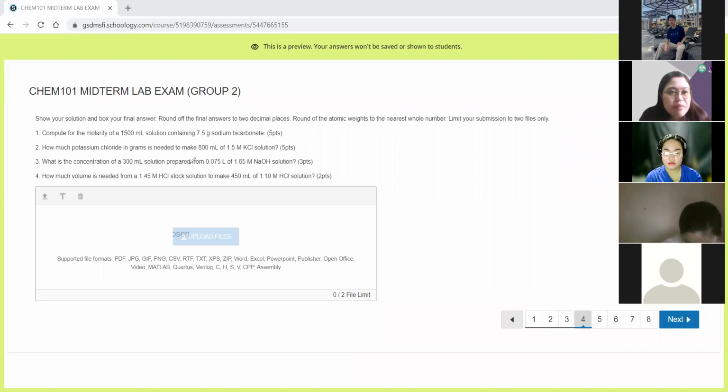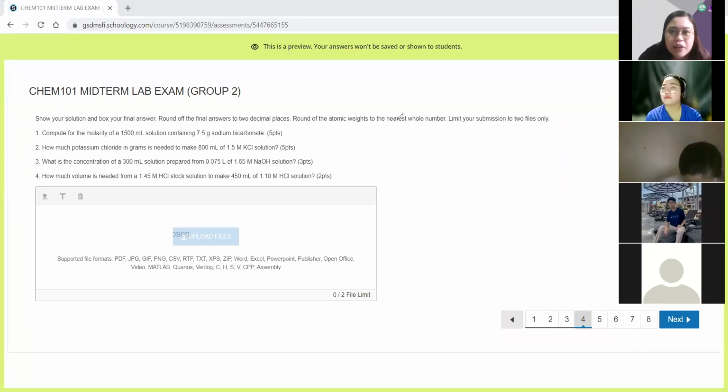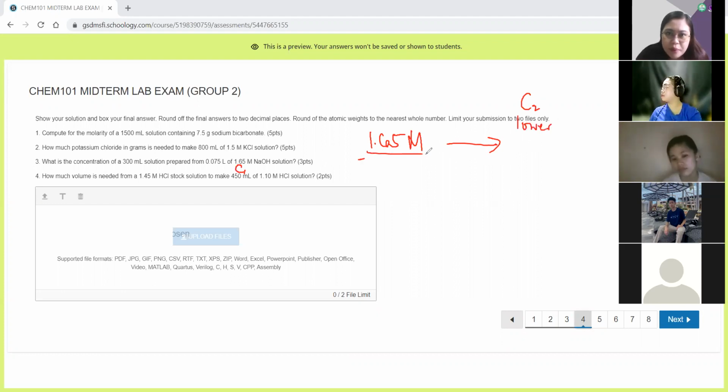Okay? Because remember, take note, I told you, it is discussed in the lecture. In a dilution process, if this is the C1 here, 1.65 molar, when we dilute, the C2 should be lower than 1.65.